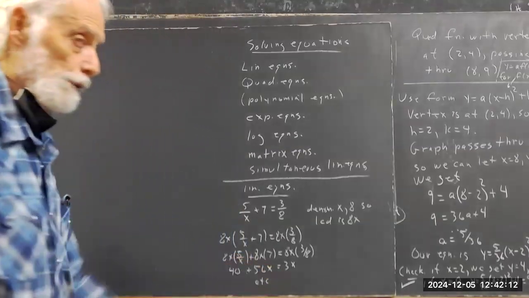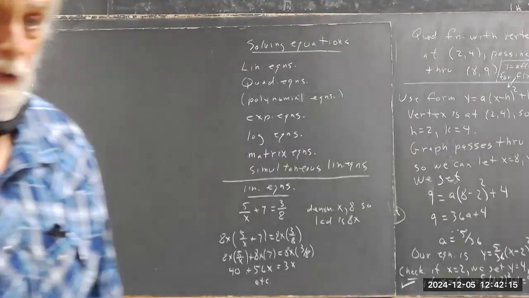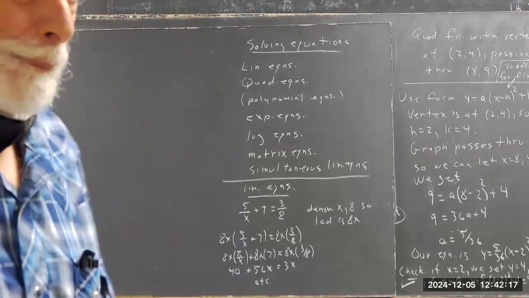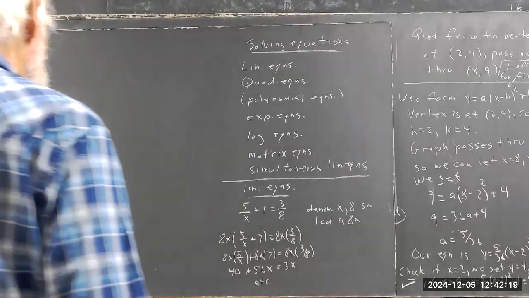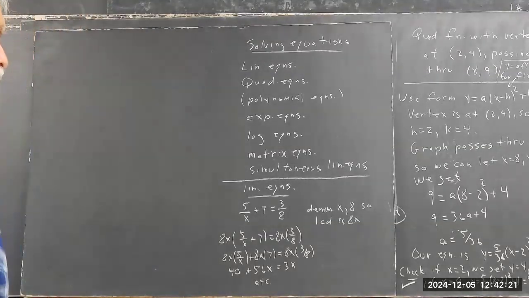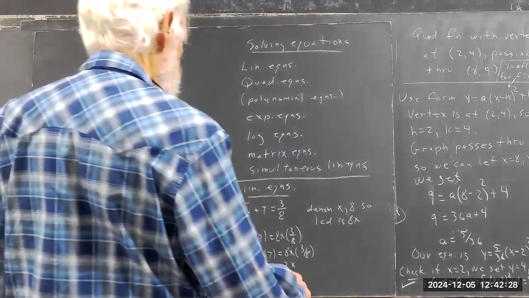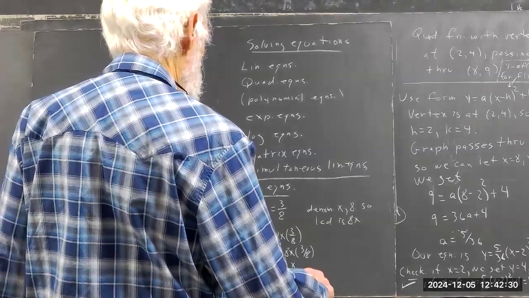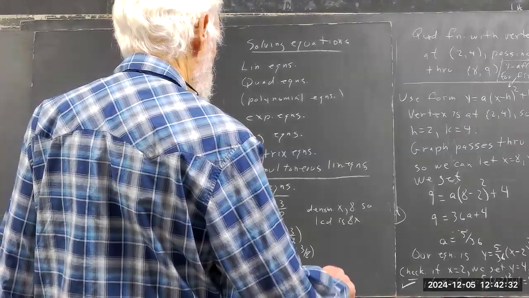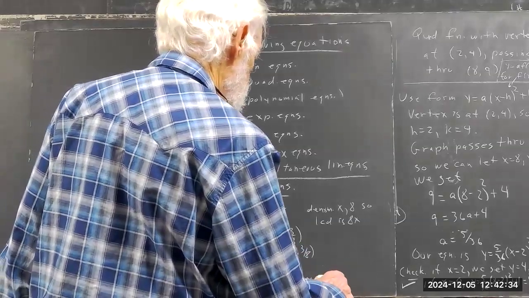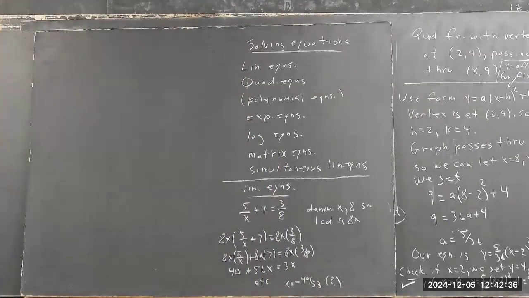Now the equation is very, very easy to solve, and I'm not going to take time to do it. If you want to write down the solution, it's going to be x equals negative 40 over 53, I think. Check and make sure I'm right.